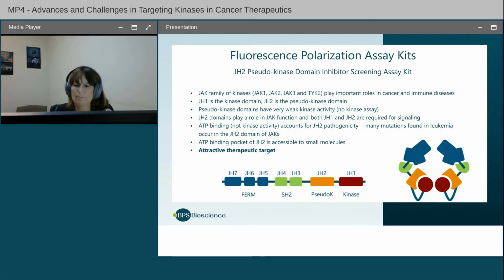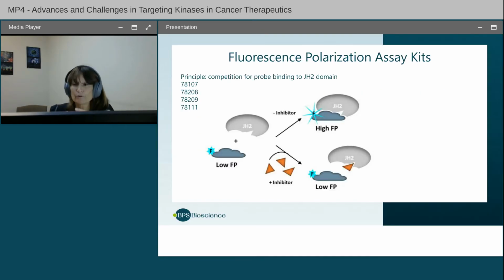The ATP binding pocket of JH2 is accessible to small molecules, and it is therefore a very attractive therapeutic target, especially because it is expected that inhibitors against JH2 may be somewhat less toxic than existing inhibitors against JH1 domains. The fluorescence polarization assay kits bypass the need for a kinase assay, since there is no kinase activity for the JH2 domain.